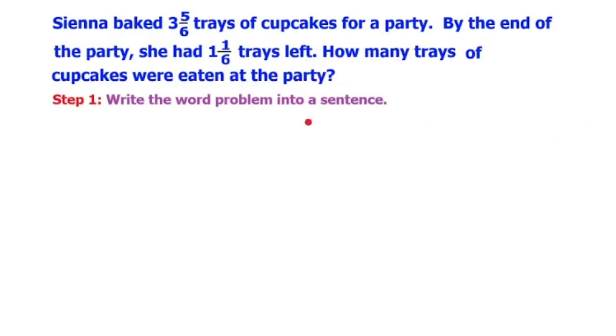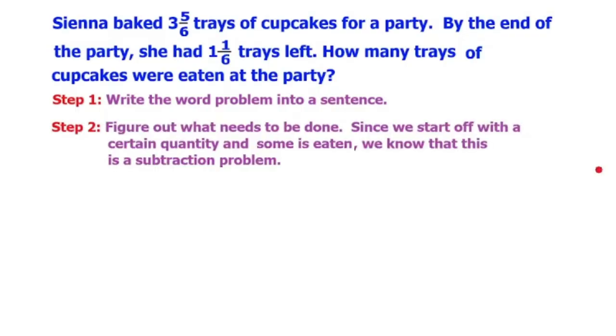So the first step is to write the word problem into a sentence. But before you can do that, you need to figure out what needs to be done. Since we start off with a certain quantity and some is eaten, we know that this is a subtraction problem, right? Because we start off with some, some is removed or eaten, and we're left over with the leftovers.